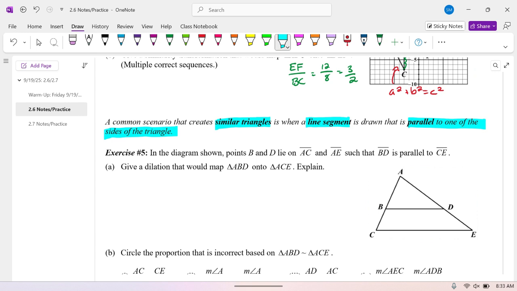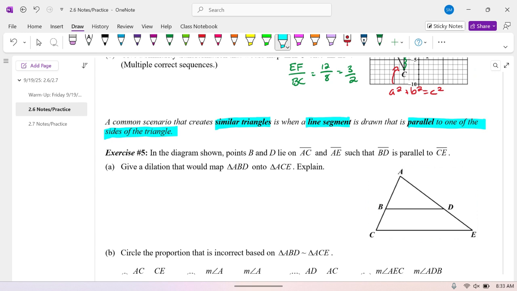All right? And it's parallel to the base, or the third side that's not used. Now, this figure right here is not using the midpoint theorem. All right, and we can tell because it definitely looks like DE is not halfway between AC and DE. All right.